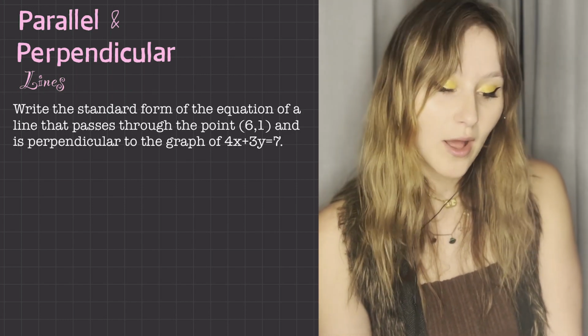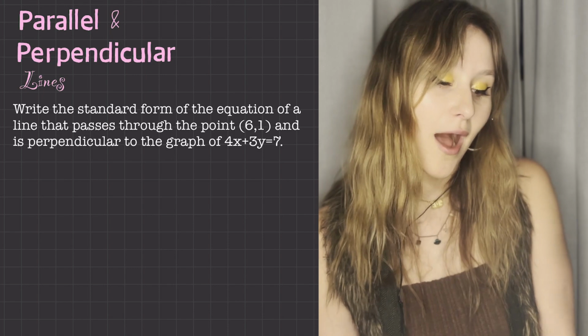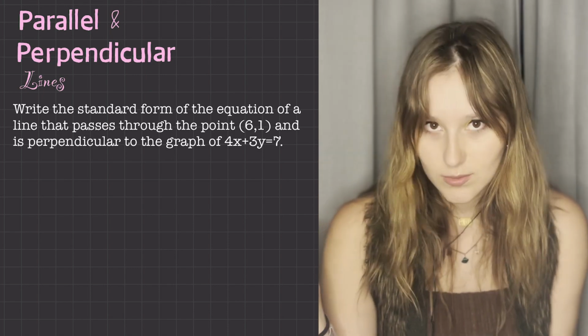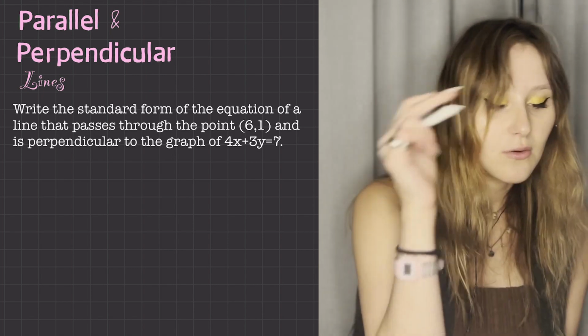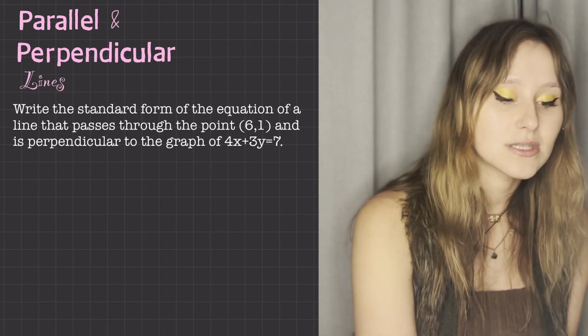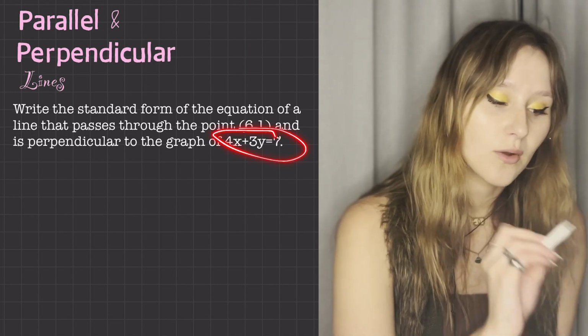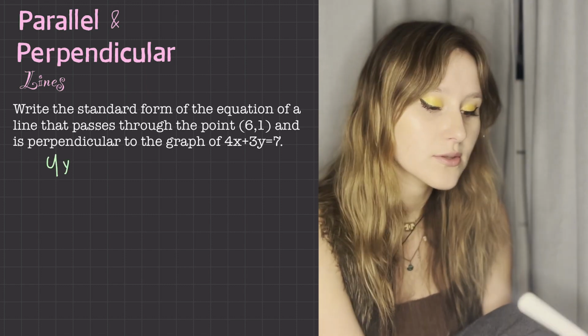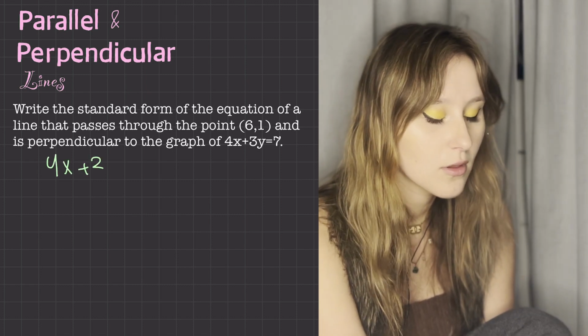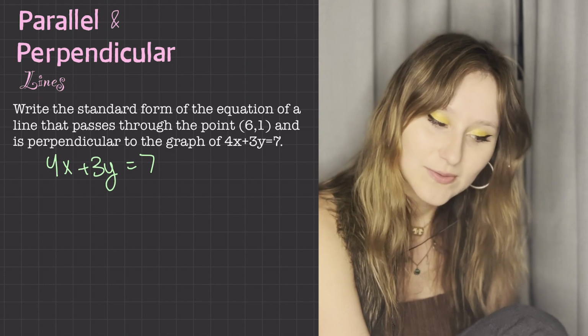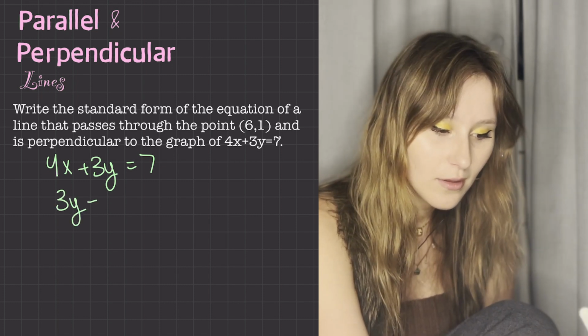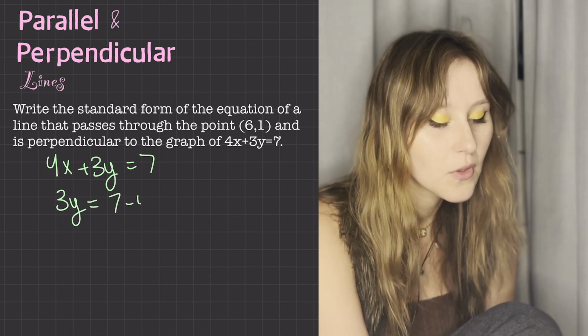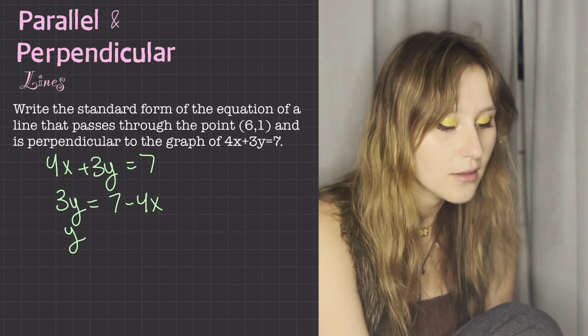Okay, next, write the standard form of the equation of a line that passes through the point 6, 1, and is perpendicular to the graph of 4x plus 3y equals 7. Great, so what we're going to do is we're going to find the slope of this line. We're going to worry about the point later. 4x plus 3y equals 7. I'm going to subtract 4x and divide by 3.